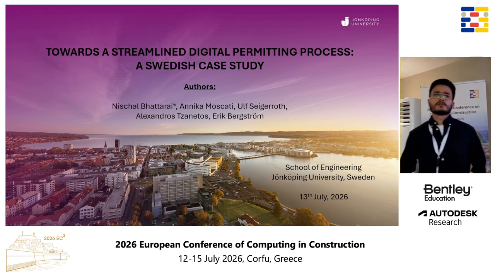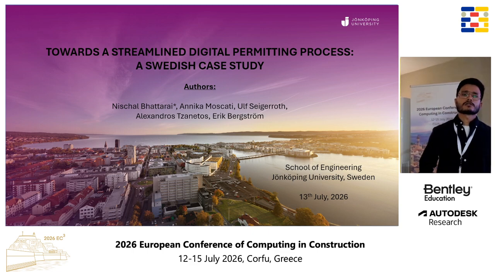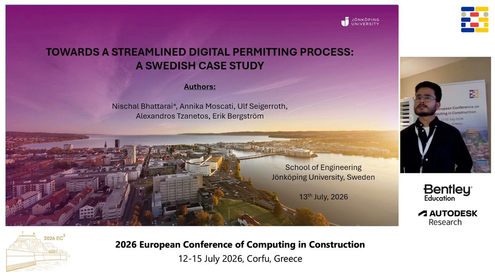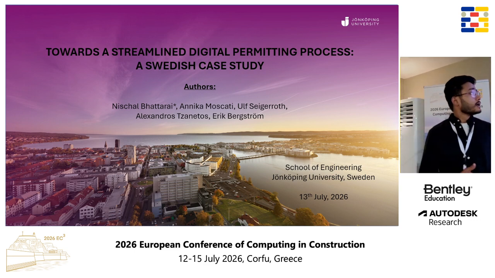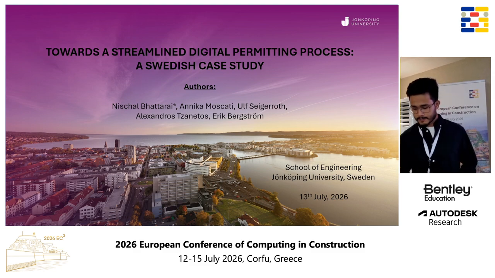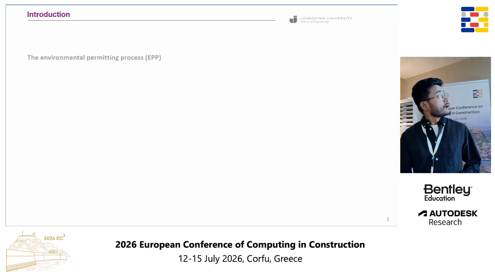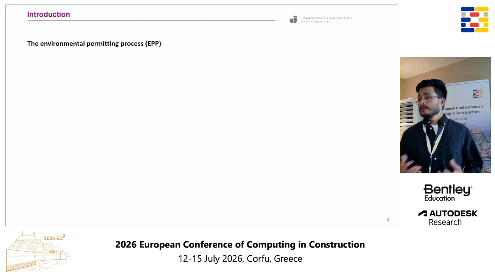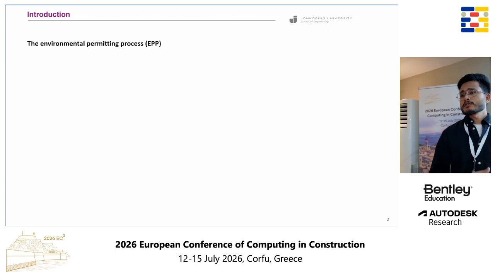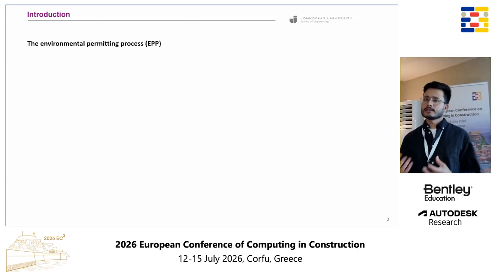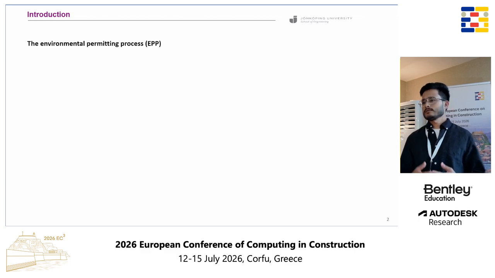We know construction and infrastructure is quite important for a nation to achieve strategic goals as well as economic prosperity. And it happens often that it interacts with the environment, and then it can also cause impact to it.